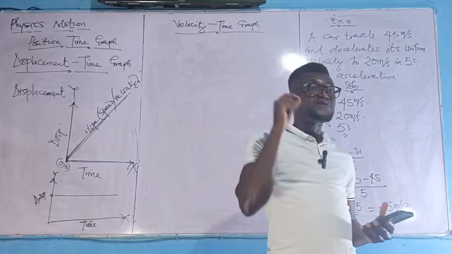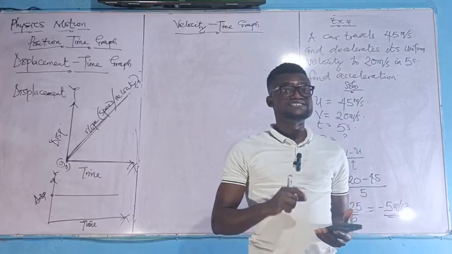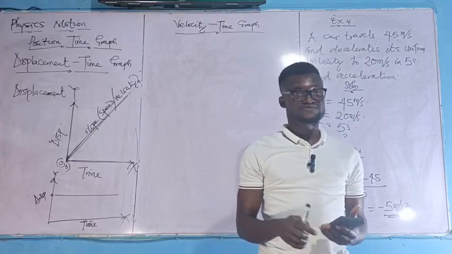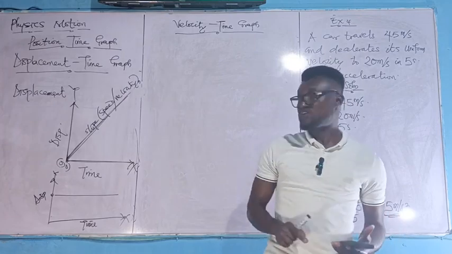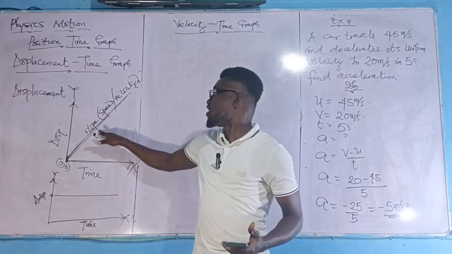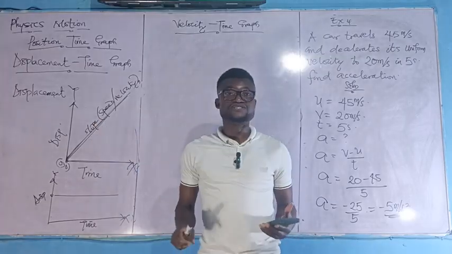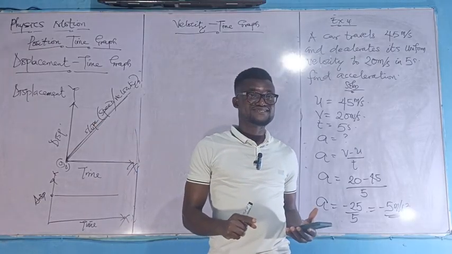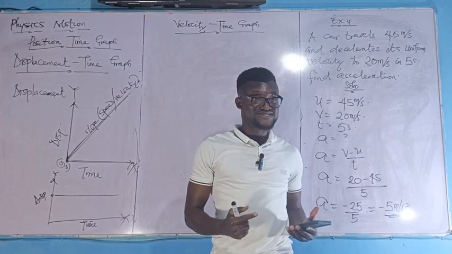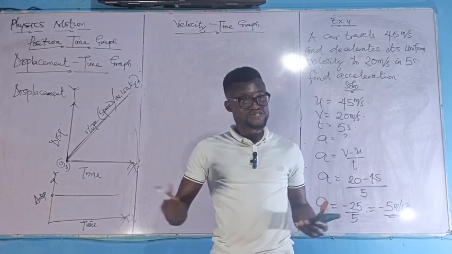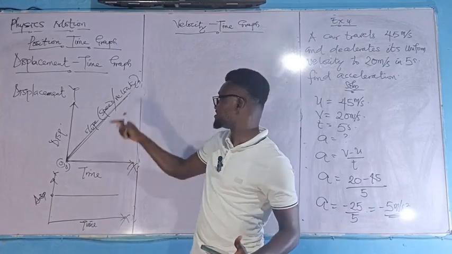The slope of the velocity-time graph is called acceleration, while the slope of the displacement-time graph is called velocity. It's already in your notes.